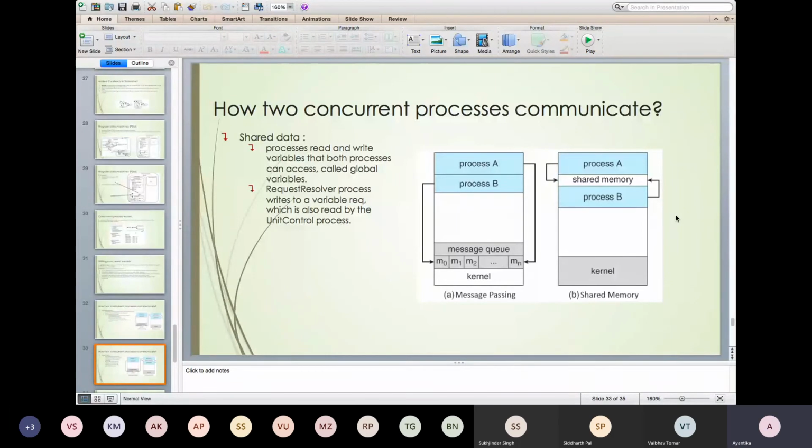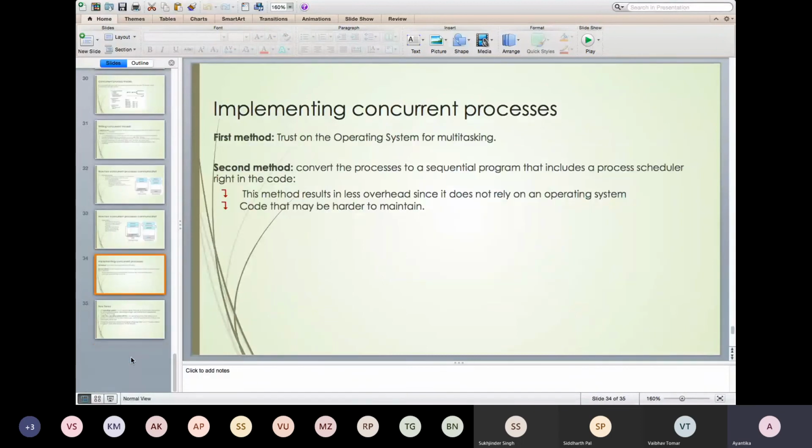They will write in a shared memory location from where both the FSMs can read those values. So these are the main two ways: message passing or the shared memory concept. Based on these two ways, your two communicating FSMs will share their values.